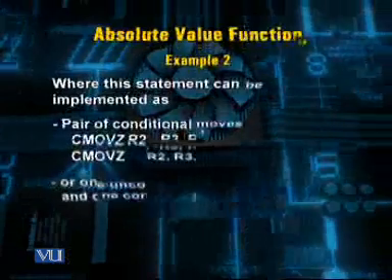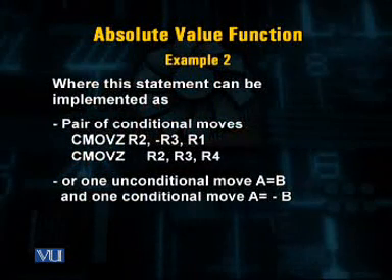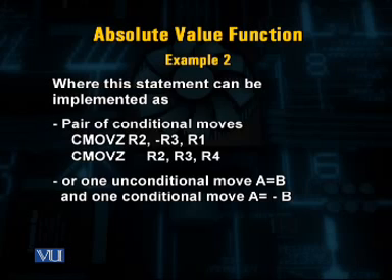Now this can be implemented by using either a very long instruction word as we discussed earlier, or by using the conditional move instructions as you can see over here. Here we can use the pair of conditional move instructions like CMOVZ R2, minus R3, R1.